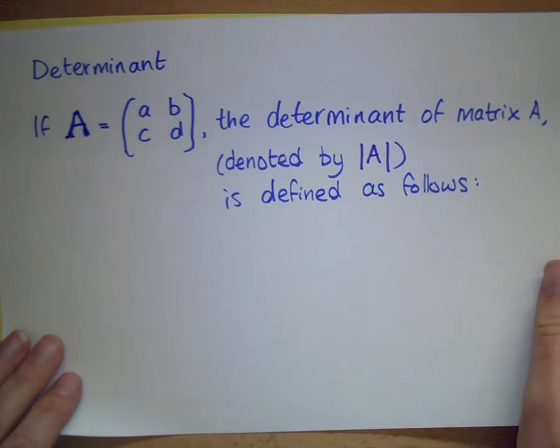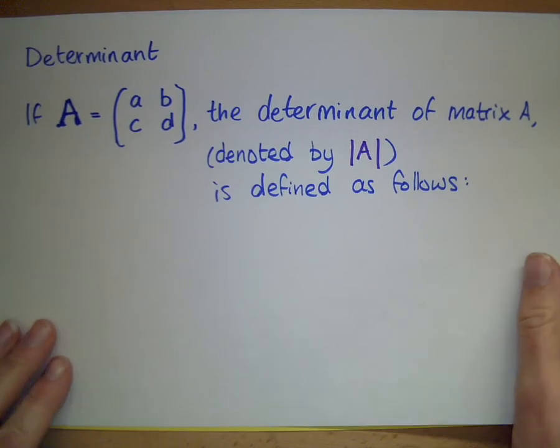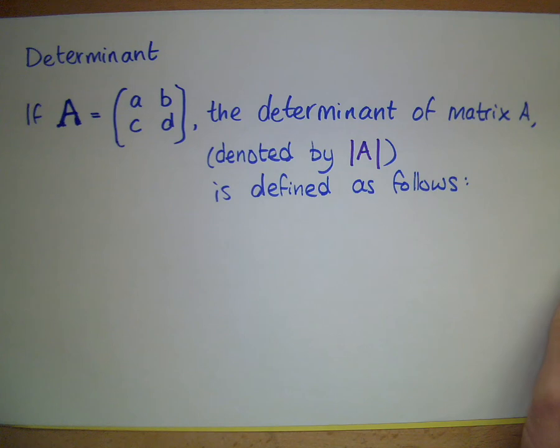Now I want to tell you how to find the determinant of a matrix. And in the next lesson, you will use the determinant to find out new information. For now, I only want to tell you that it's called the determinant and how to find it.